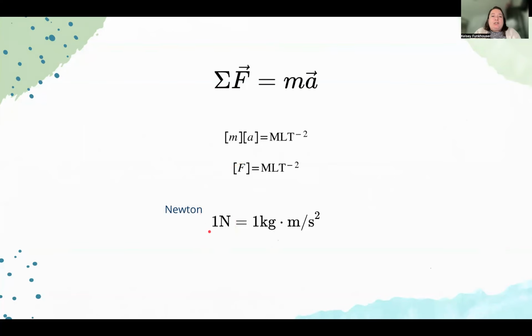And this unit is called a Newton. 1 Newton is 1 kilogram meter per second squared. And also, fun fact, a Newton is equivalent to the weight of half a cup of water. I also think maybe it is equivalent to the weight of an apple, but I didn't look that up. So feel free to look it up.